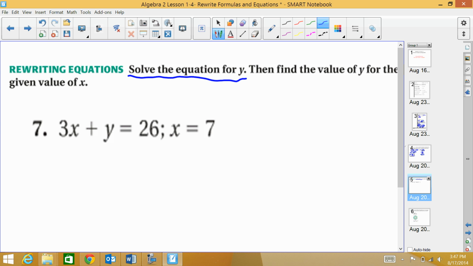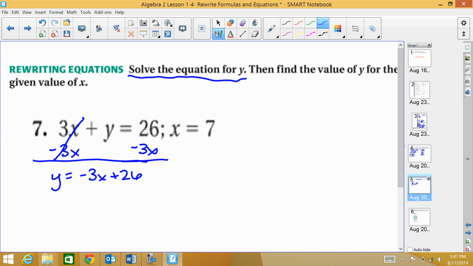So we want to get y by itself. So in order to do that, we need to cancel out the 3x. So we're going to subtract 3x from both sides. So that goes away, and then we get y equals negative 3x plus 26. So we got y by itself. That's the answer. Then it says, then find the value of y for the given value of x.